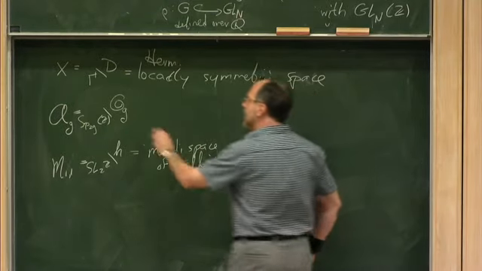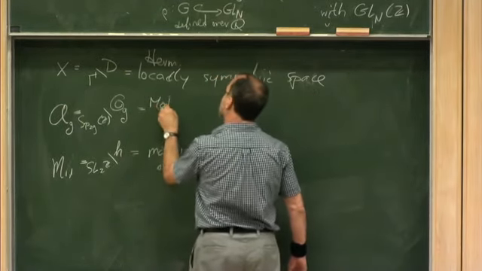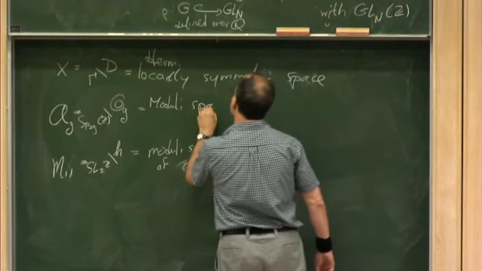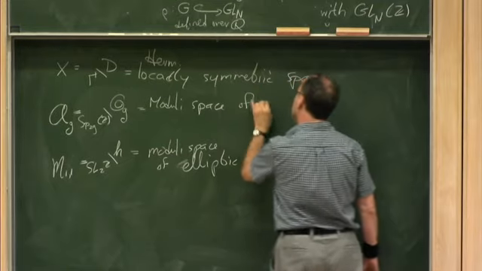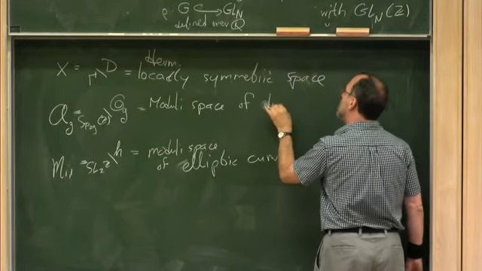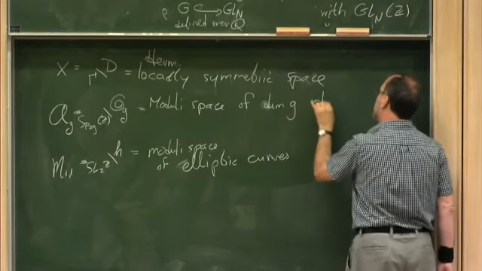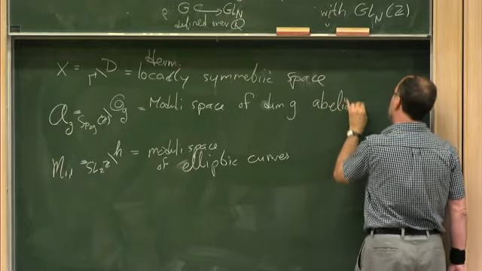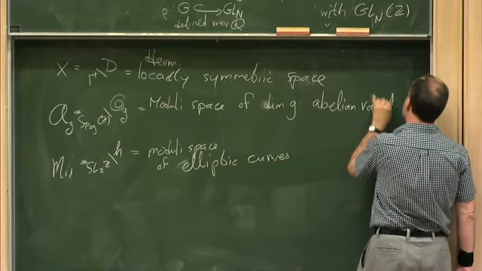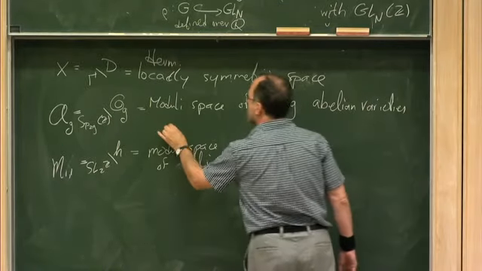And here, this is the moduli space of abelian varieties of dimension g, abelian varieties with a principal polarization.